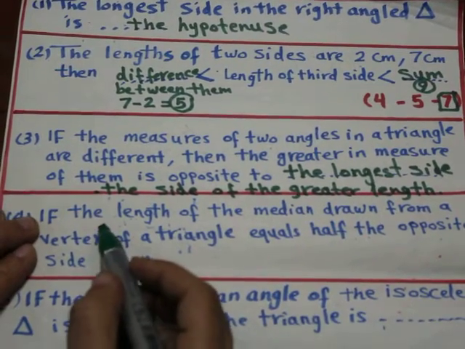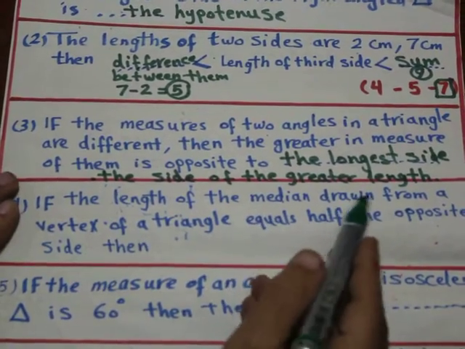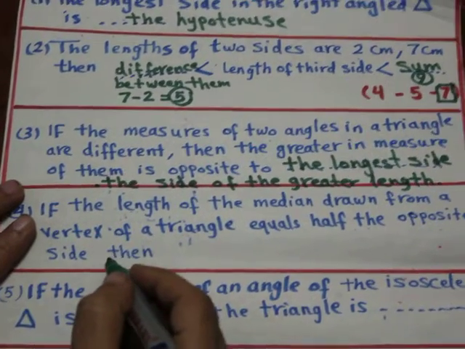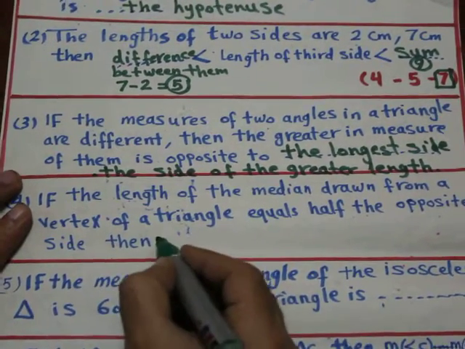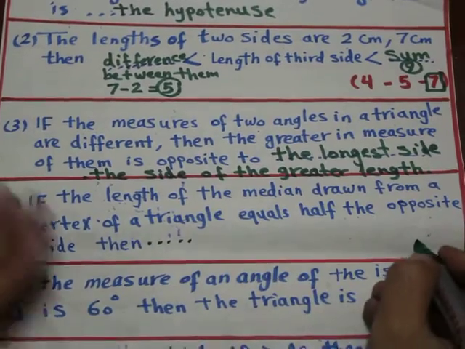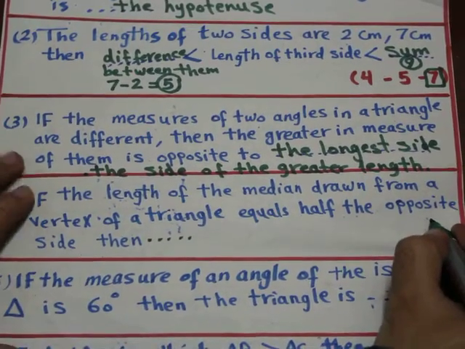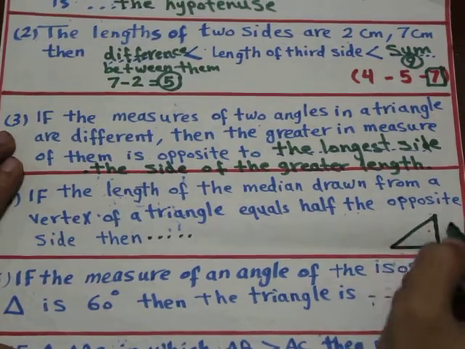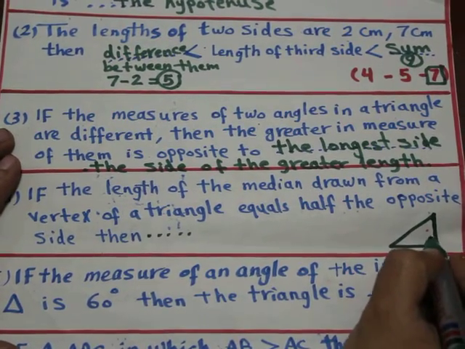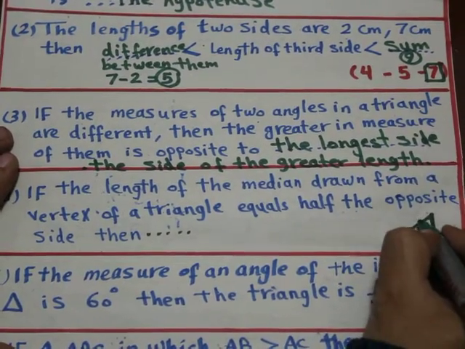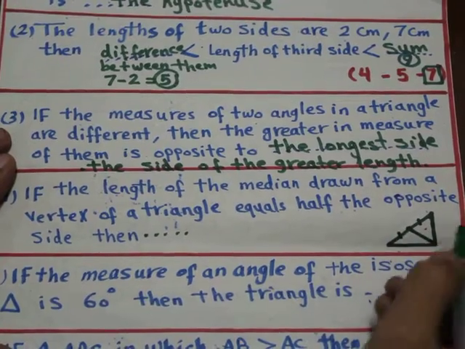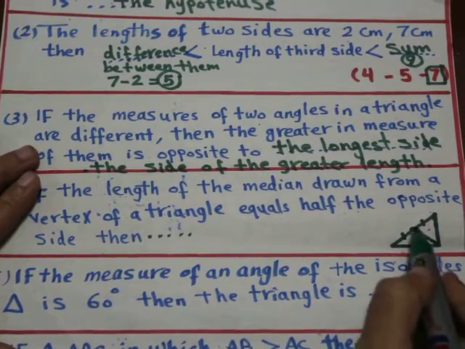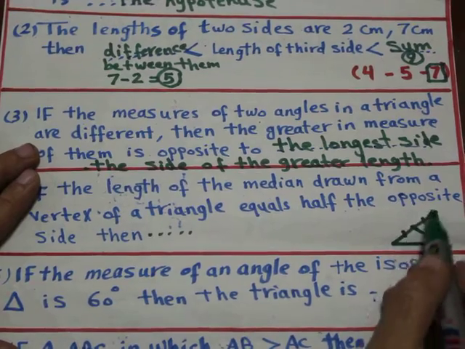Number 4. If the length of the median drawn from a vertex of a triangle equals half the opposite side, then space. What I mean is, we have a triangle and we have a median to the midpoint of the opposite side, and we found that the length of this median equals half of the opposite side.